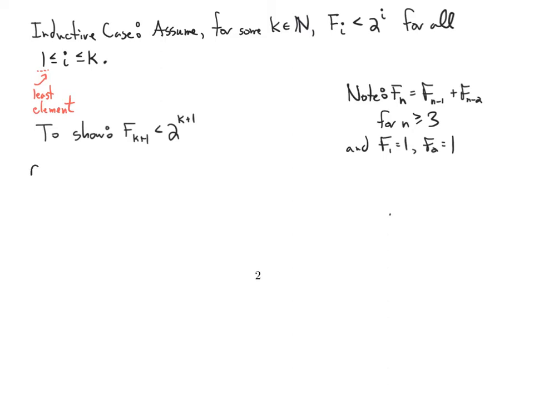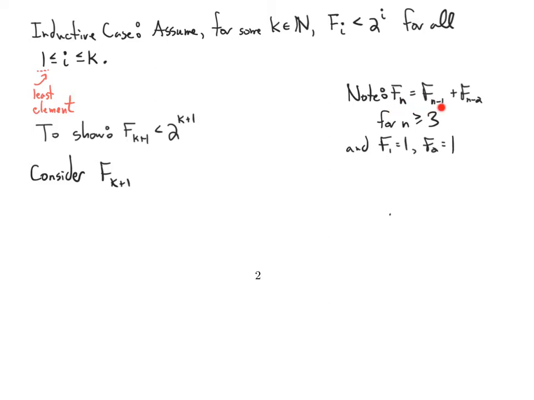Let's consider f(k+1). So we have to think of a way of using our inductive hypothesis. Remember, our inductive hypothesis tells us things about terms in the sequence less than f(k+1). So f(k-1), f(k-2), anything less than that.